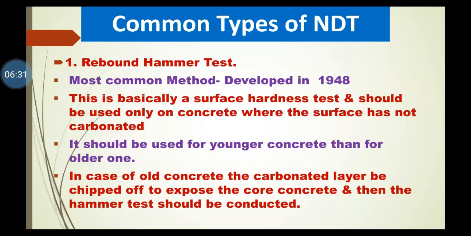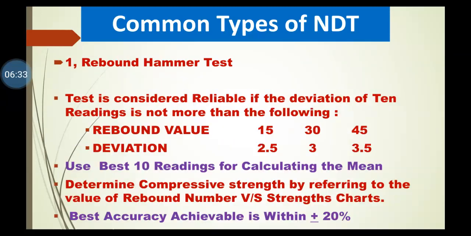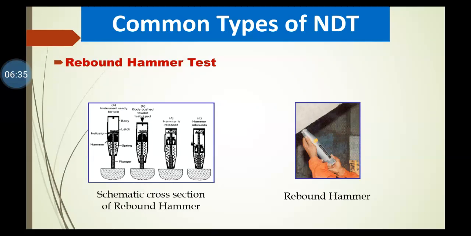It consists of a spring controlled hammer. In this drawing we can see the plunger is present and the spring is present inside. So these two parameters give the exact result while testing.